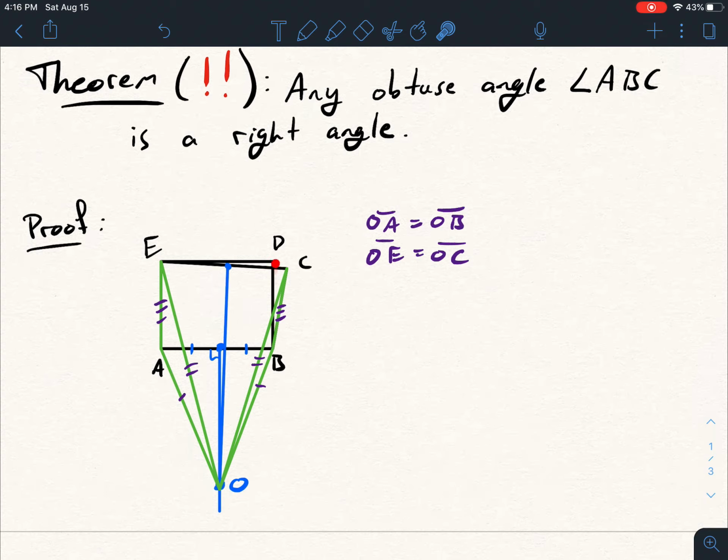Well, BC, I just rotated it to the left a little bit to get BD, and therefore, this line segment by construction had to be equal to this line segment BD. So that's equal to that, and then because I constructed a rectangle out of it, this side length should be equal to this side length. So then B to C is equal to A to E. I should do it the other way around.